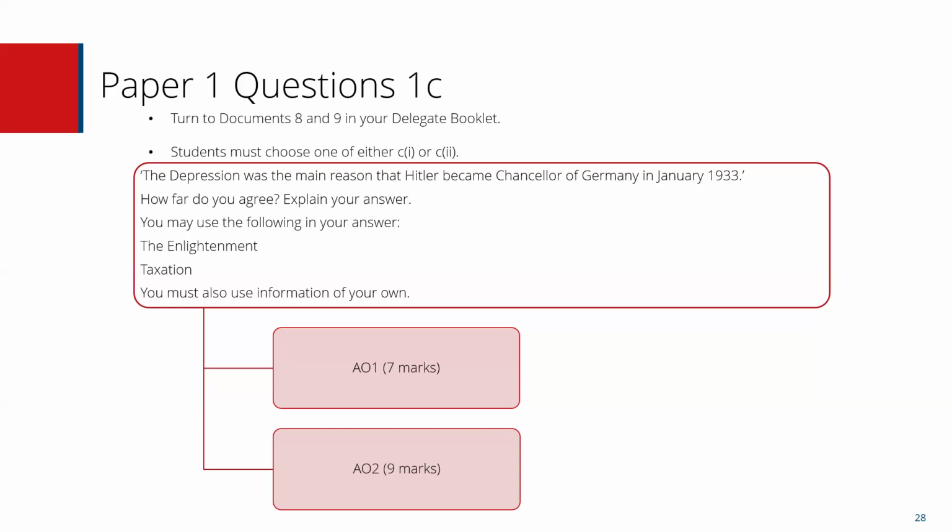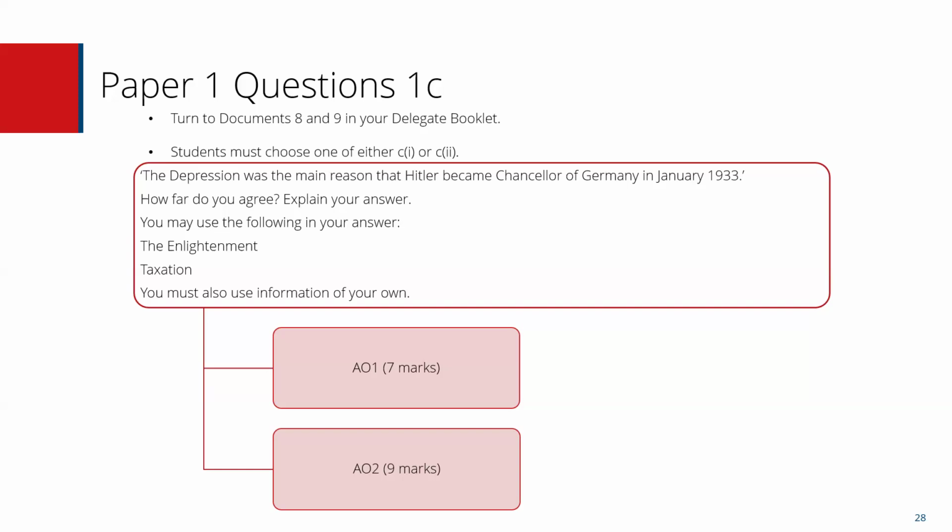Now, the assessment objectives. Document 8 is the generic mark scheme, but you will need to use the specific mark scheme for this as well, because that will be useful, and you'll see that in your mark schemes that I'm sure you've all got, where it will give you some nice examples of things that candidates can be saying, but you have to use the generic mark scheme to be marking these.